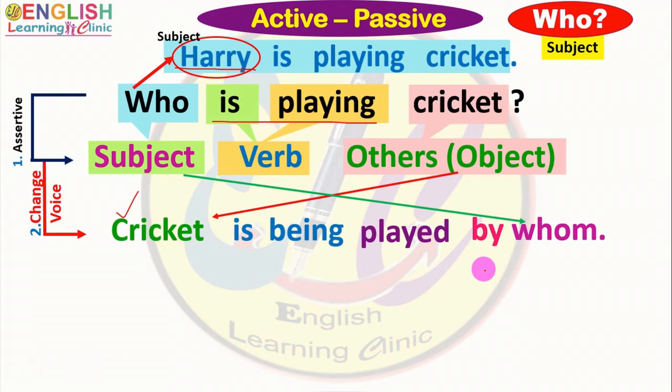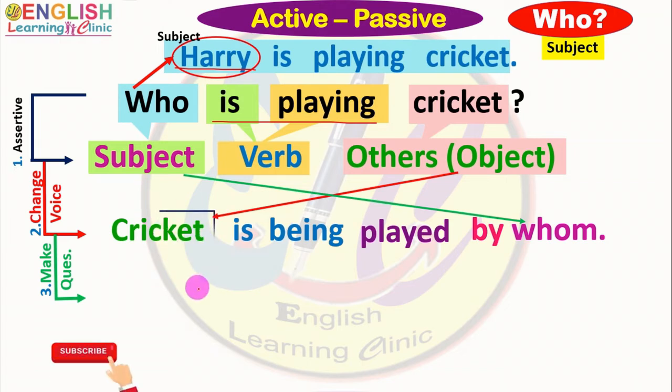Now, make it question. To make it question, you have to just interchange the place of the subject and the auxiliary verb. But as it is a WH question, you have to place the WH word at the very beginning of the sentence.